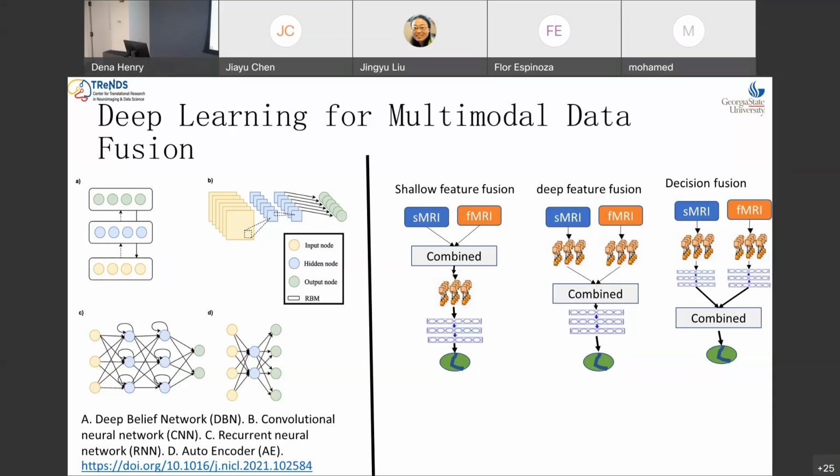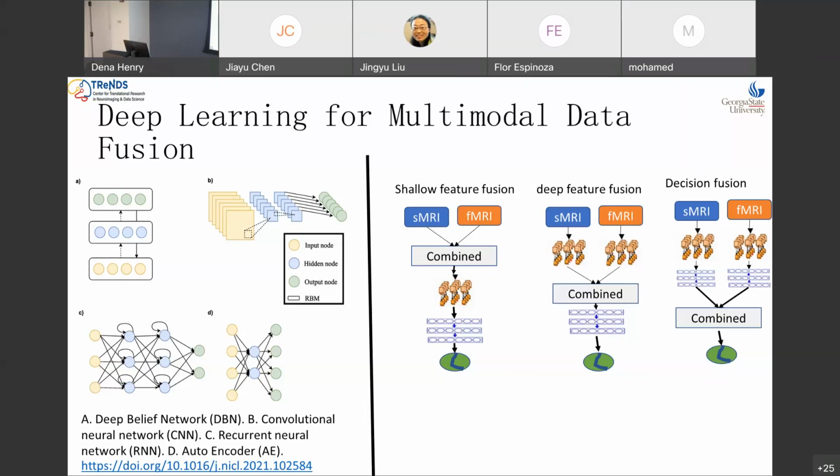Then we use the neural network to fuse the information from the two data modalities, and at the end do either classification or regression. The other one is deep feature fusion. The idea is that for each modality we do some modality-specific analysis.